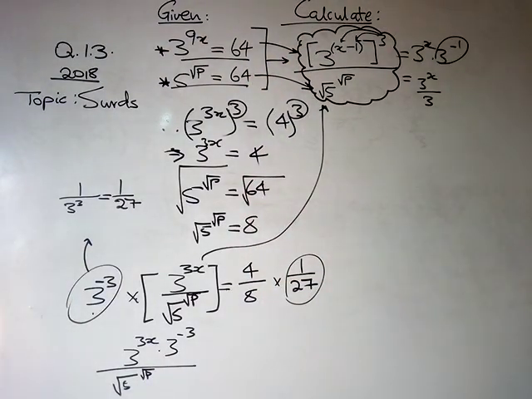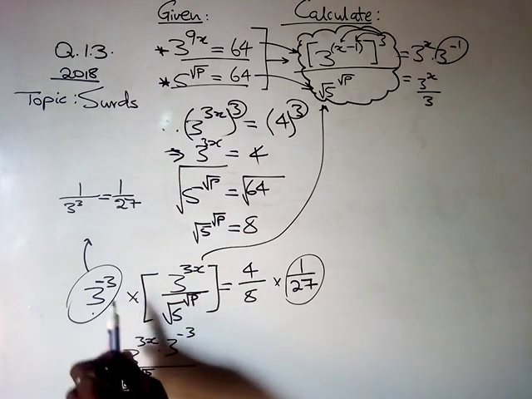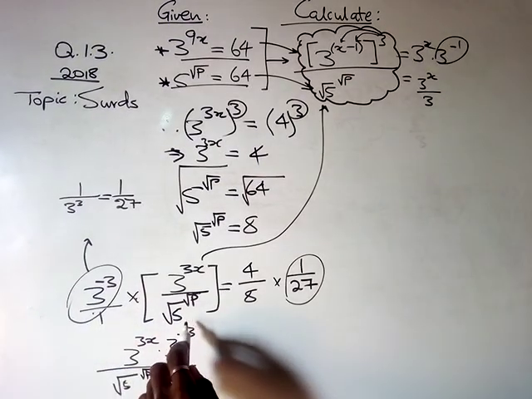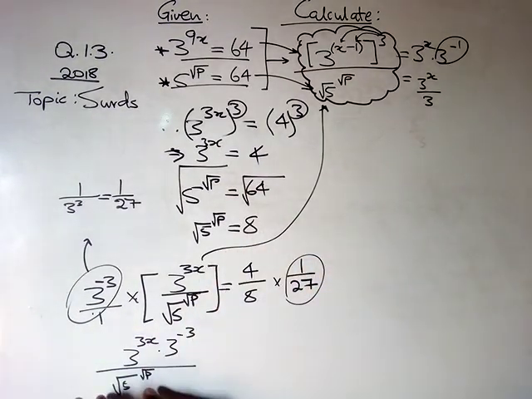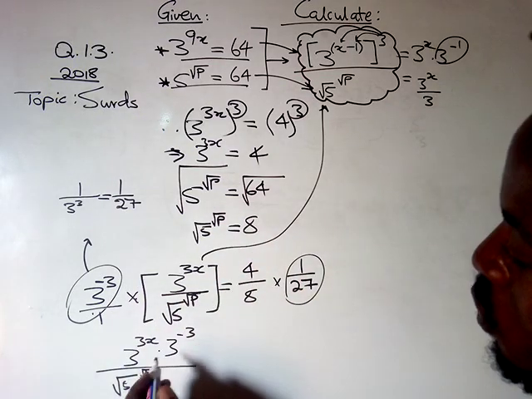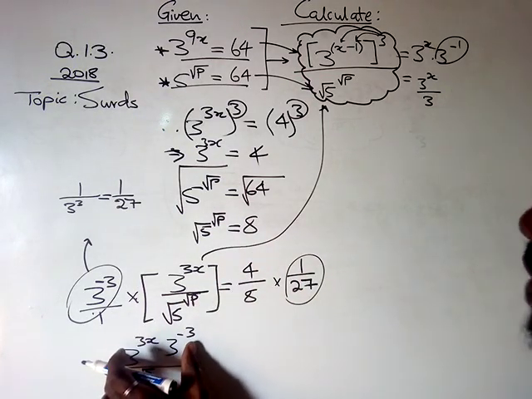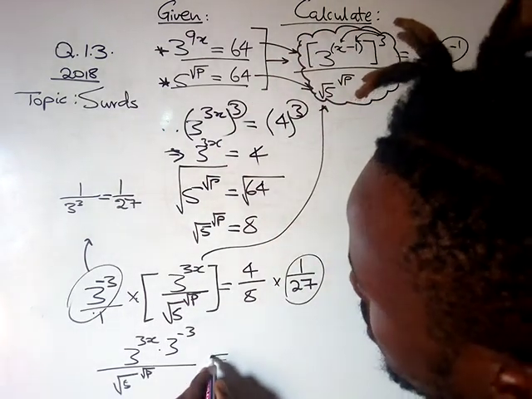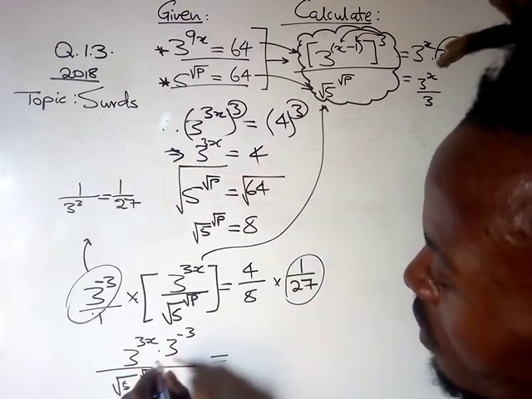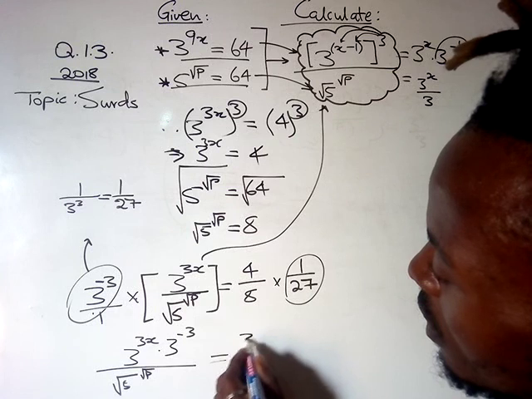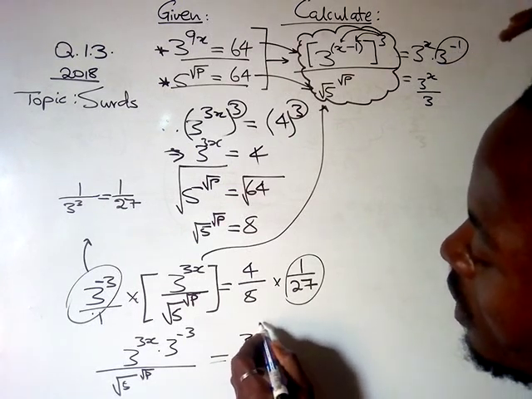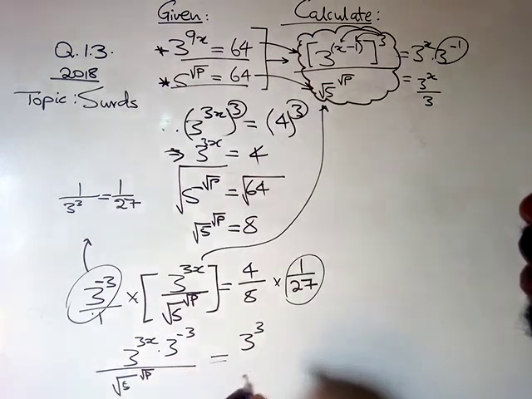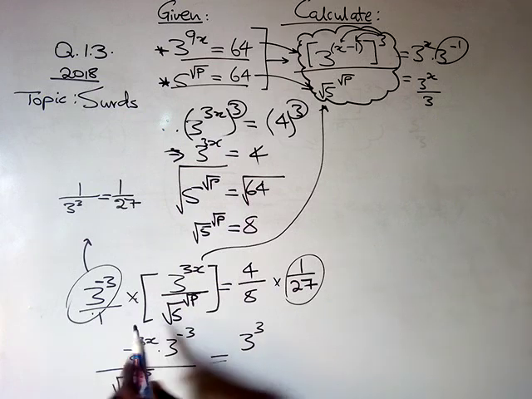I hope you get that one. So now continuing further, we actually just multiplied the numerators because this is the same as over 1. So 1 multiplied by the root of 5 to the root of p still gives us the same thing. So how do we do this? This, by looking closely, is the same as the numerator of that. Why am I saying so? Because if we simplify here, we have 3 to the 3, multiplying exponents of the same base, we add the exponents.